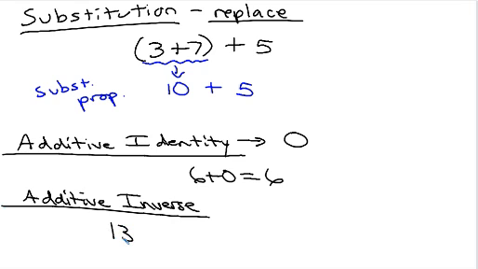If I add the opposite of 13 to that, what's the opposite of 13? Negative 13. If I add negative 13 to that, I get 0, which is the additive identity. Okay, so the additive inverse property says that if I add the opposite of a number to itself, I get 0, or what's called the additive identity.